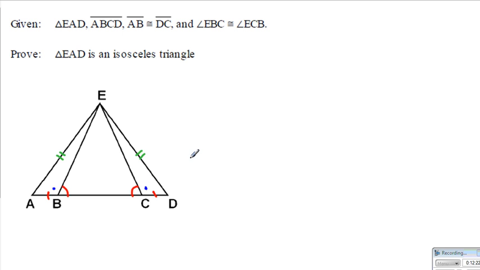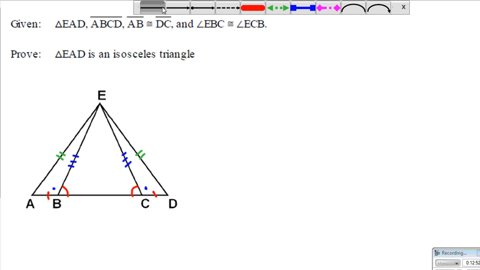And then we can also say that since these two angles are congruent, EBC must be an isosceles, which tells you that this line segment must be congruent to this line segment. Then by side angle side from both sides, you will realize that these two triangles are congruent, which allows us to say these two sides are congruent, which leads to the final conclusion of the triangle being isosceles. All right, so let us write this one up together.